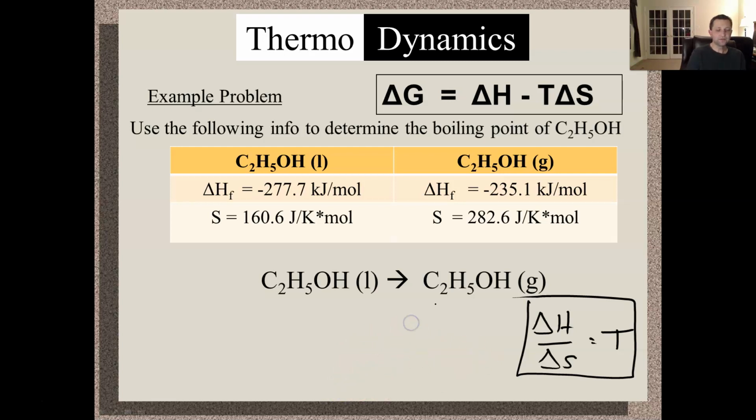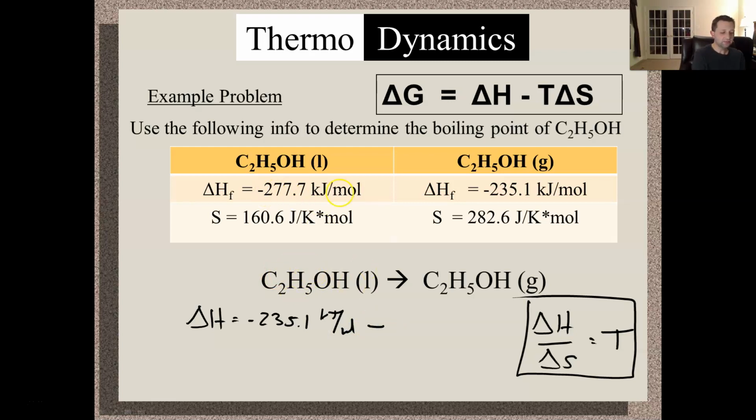So if you go back to one of the earlier slides here, your delta H or your delta S is always found by doing the product minus the reactant. So my product is C2H5OH gas. So to find the delta H, I need to take the enthalpy of C2H5OH gas as a product here. So it's negative 235.1 kilojoules per mole minus your reactant, because it's always products minus reactants.